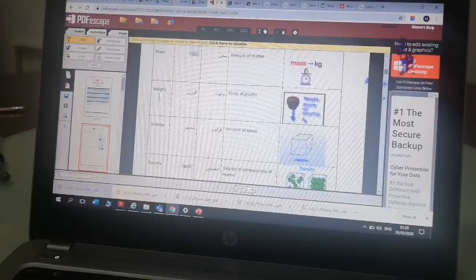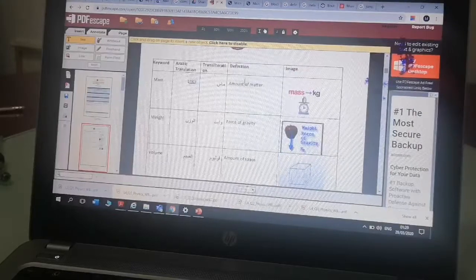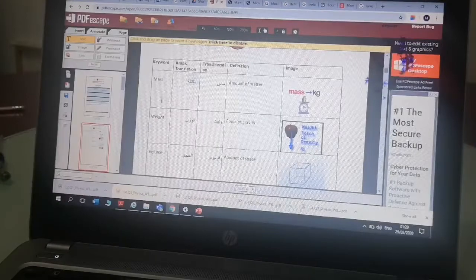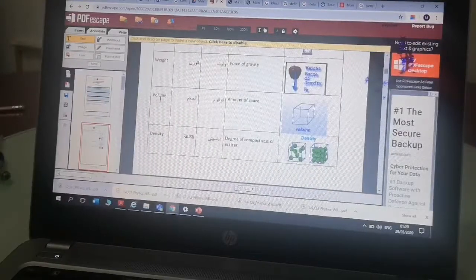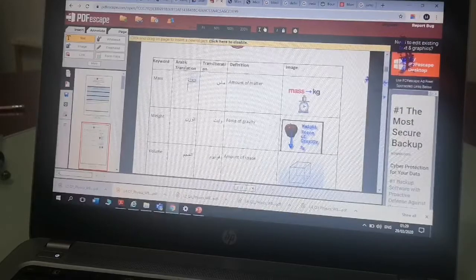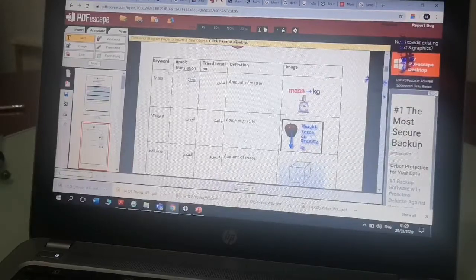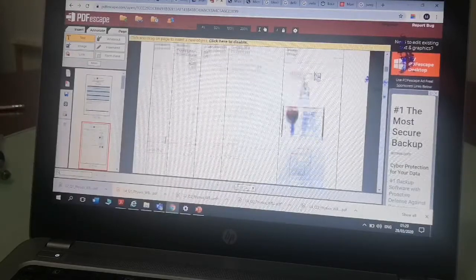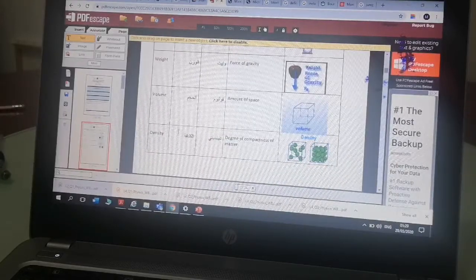You also need to know the definitions, so what the word means. The keywords are always at the top of the workbook for that workbook, and it's in Arabic too, so you know what mass is now. You know what weight is, you know what volume is, you know what density is.